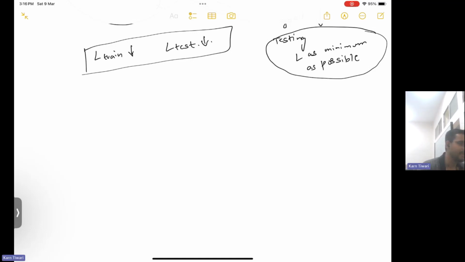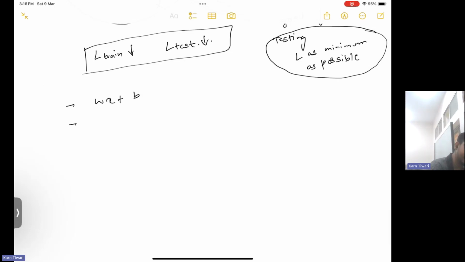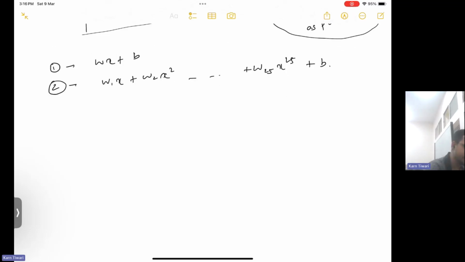Suppose we take the two examples that were considered during the week. One is a straight line, Wx plus b. The second is something like W1x plus W2x squared, up to W25x to the power 25, plus b. This is my model one, and this is my model two. I am trying to learn the weights for both models, and I want to know which of the two is the best.